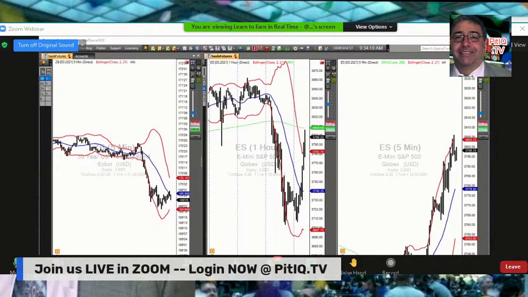So the levels are given out in the morning and they're repeated. They're also posted during the trading morning. And as the day progresses, there are adjustments made based on the reality of the market, price change, momentum, and follow through.